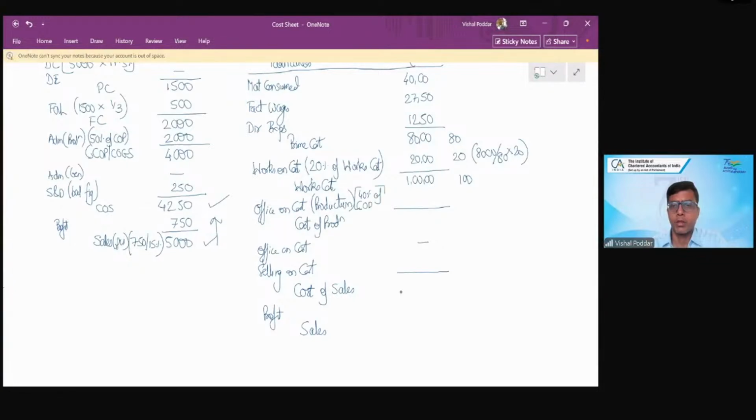Same approach. Let this be 100. So this will be 40. Now this will be 60. Correct? So again, what I get is this figure is equivalent to 60. So how much would be 40? Correct, na?